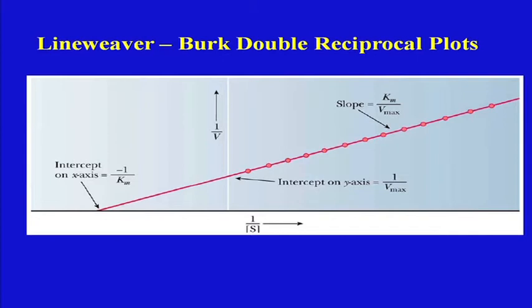The intercept is minus 1 by Km. A large value of Km means this will be minus 1 by large, which is smaller in magnitude, and with a negative sign it will be this way.